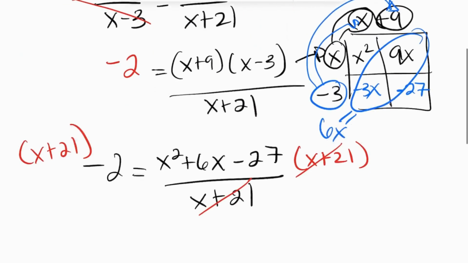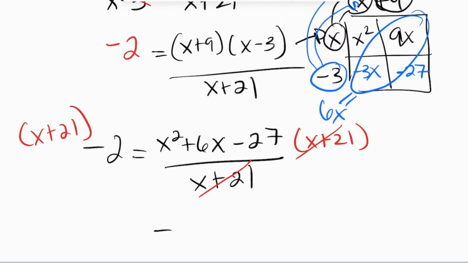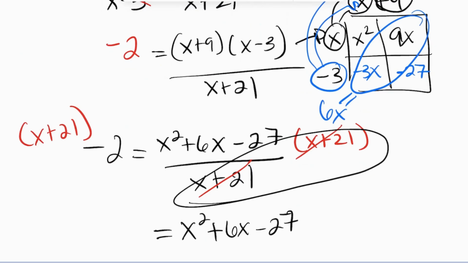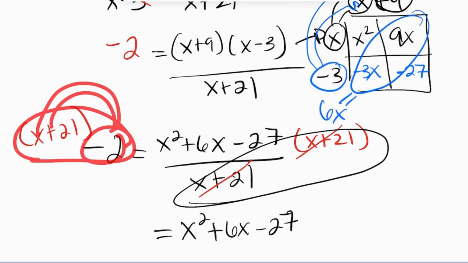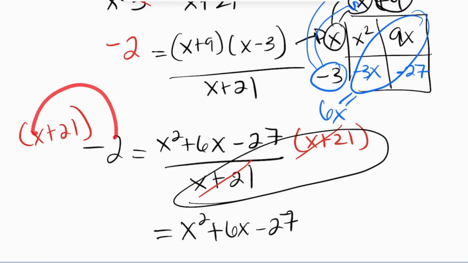We're going to be left with x squared plus 6x minus 21, because again x plus 21 divided by x plus 21 is just 1, is equal to, we're going to go ahead and distribute the negative 2 to everything inside the parentheses. So negative 2 times x is negative 2x. Negative 2 times 21 is negative 42.